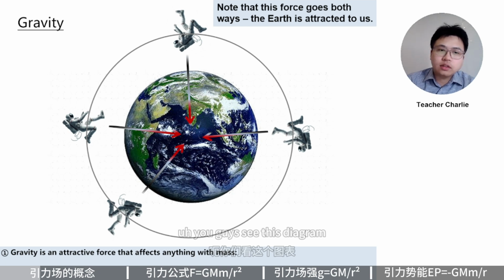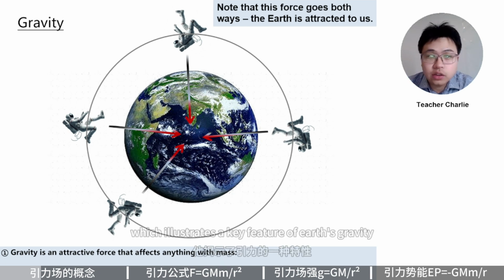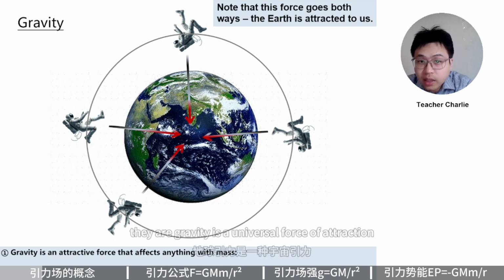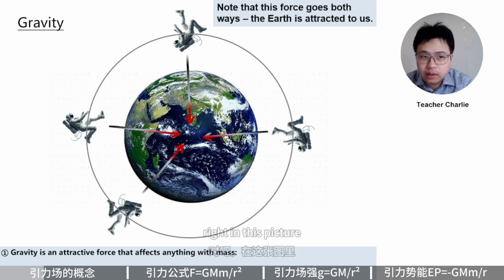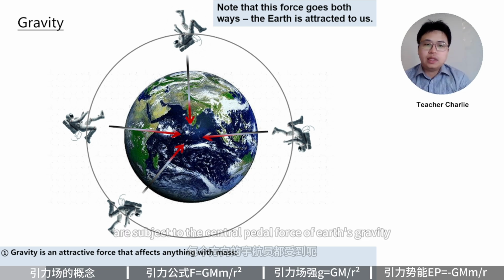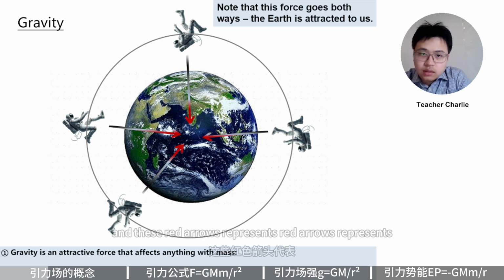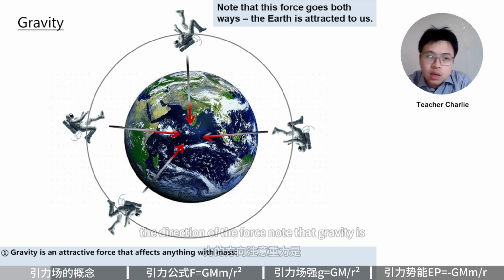You guys see this diagram, which illustrates a key feature of Earth's gravity. The Earth's gravity is a universal force of attraction, right? In this picture, astronauts in each direction are subject to the centripetal force of Earth's gravity, and these red arrows represent the direction of the force.